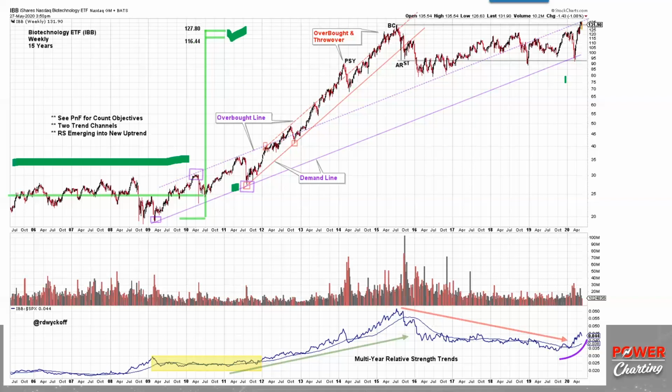So now we have a reaccumulation structure, and this is exactly the reason that we have not really studied the biotech index for 5 years, is because we could see that it was going to be in a trading range, range bound for an extended period of time.